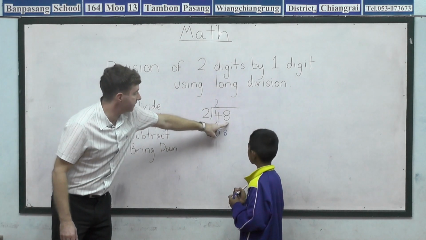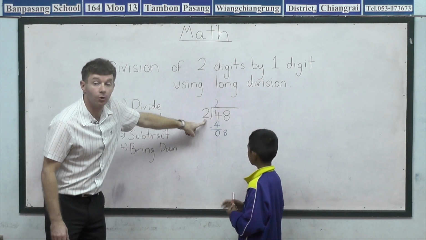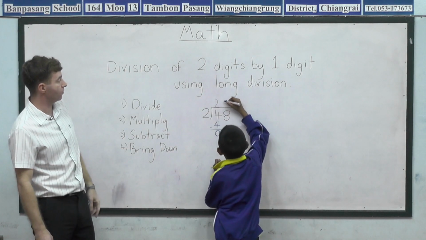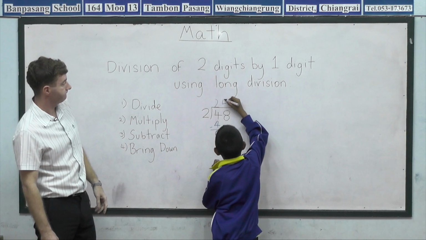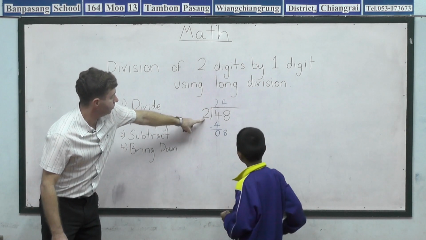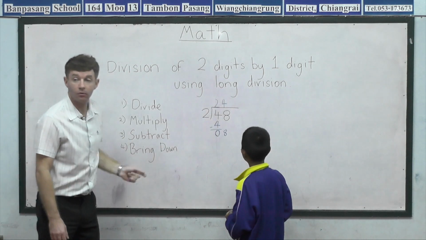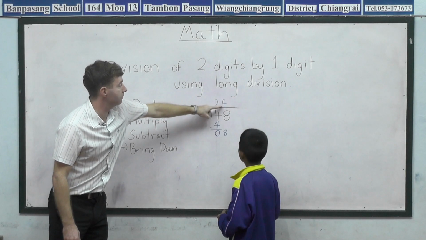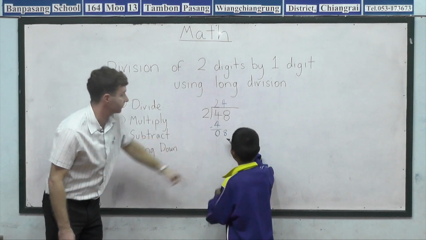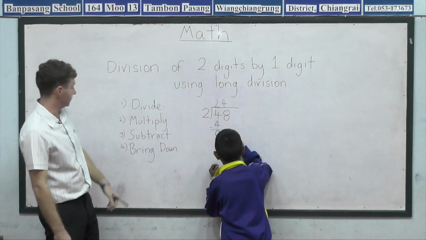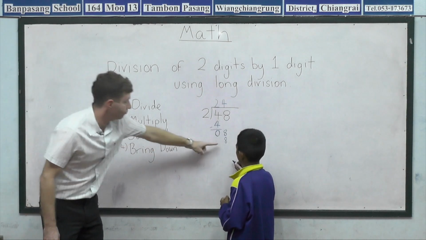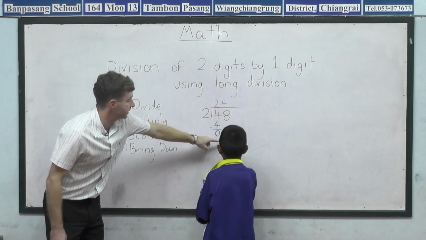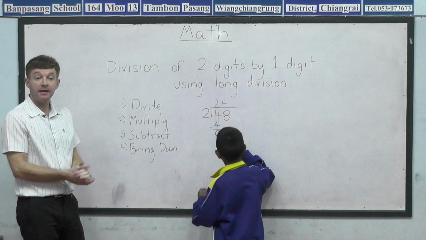Divide. 8 divided by 2 equals 4. Okay, so we can write 4 at the top. 2 times 4 equals 8. So we can write 8 here. Now for step 3, write our minus sign here. 8 minus 8 equals 0.